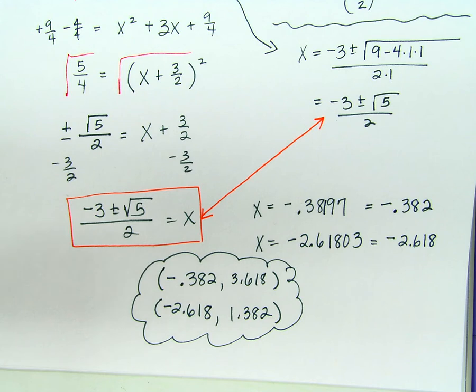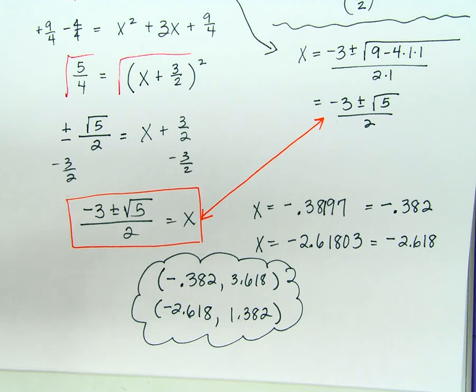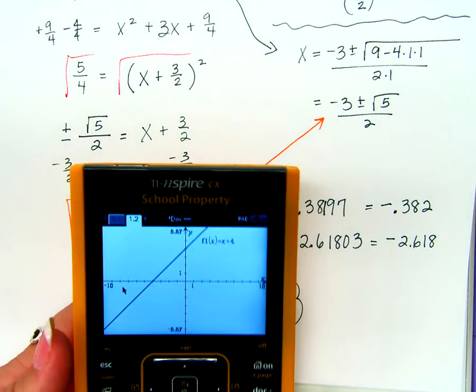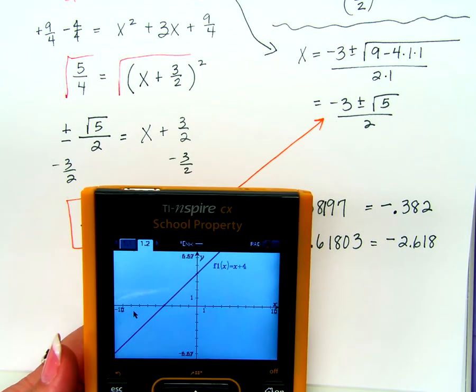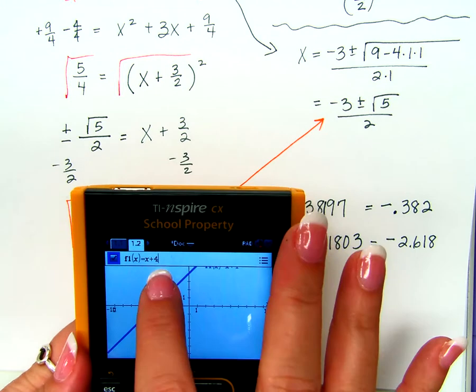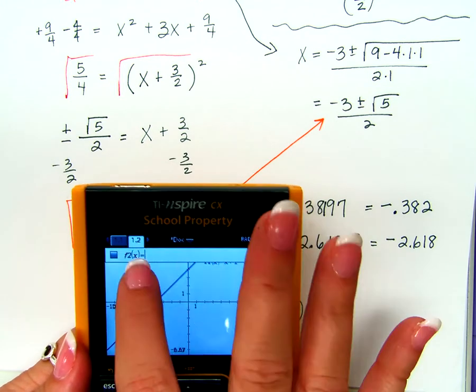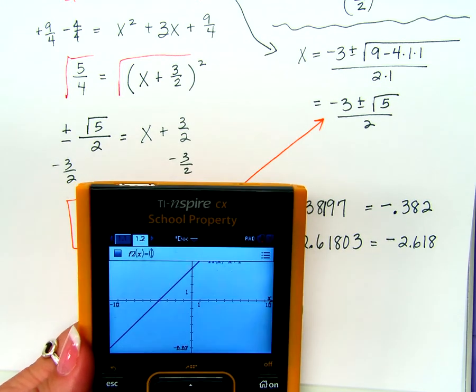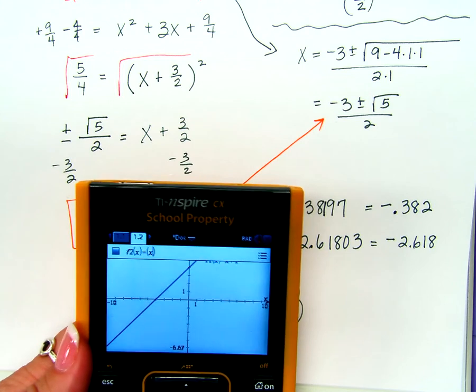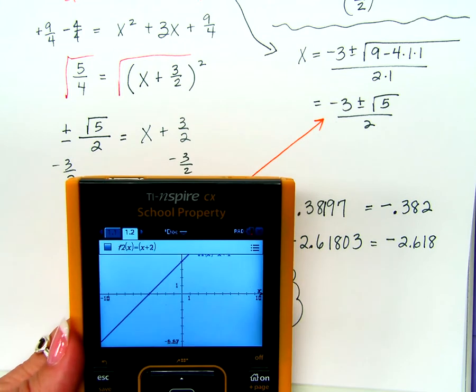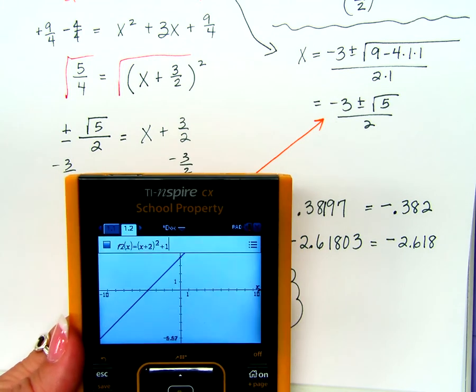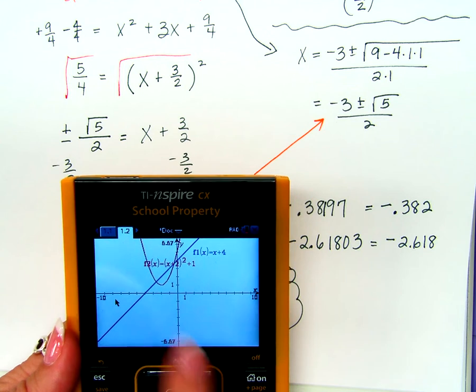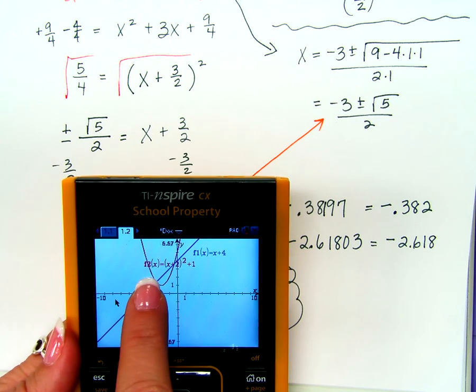Okay. Let me show you something real quick. Sorry, I just added a page and I put in y equals x plus 4. And then I'm going to go to line 2 and put in x plus 2 squared plus 1. Now, did I expect them to cross on this side?